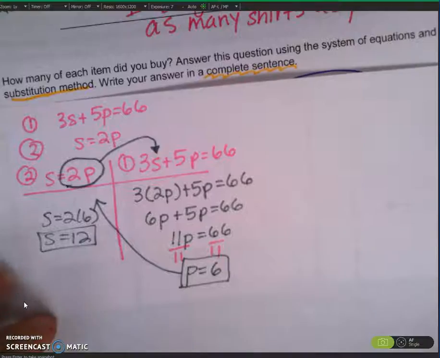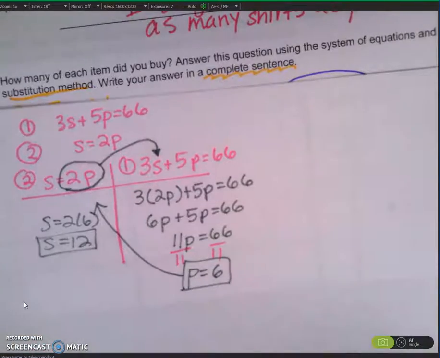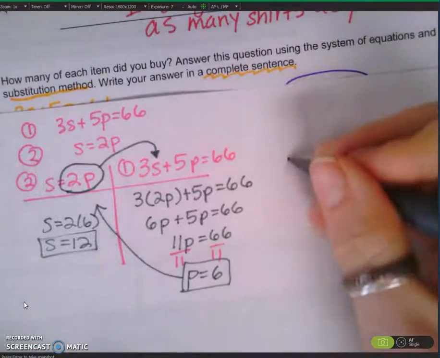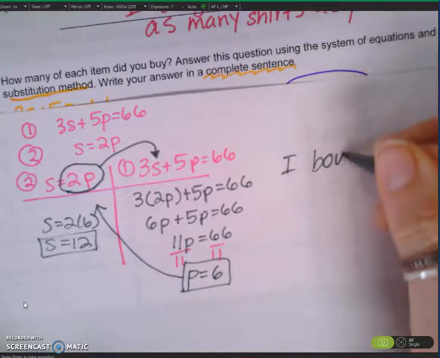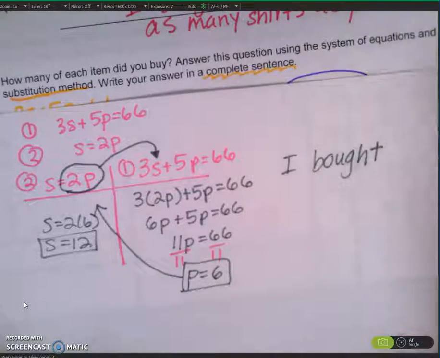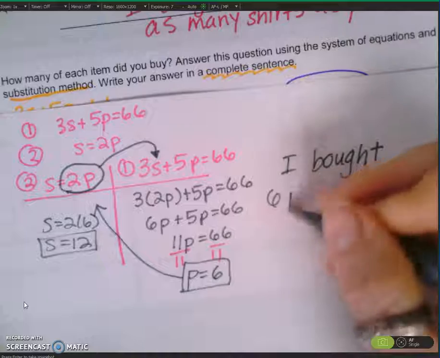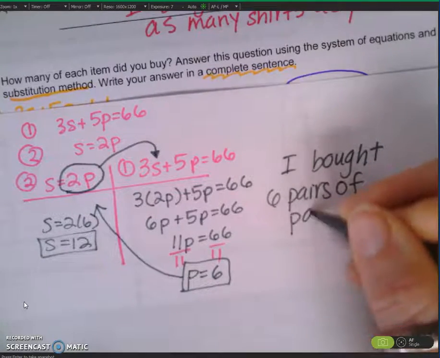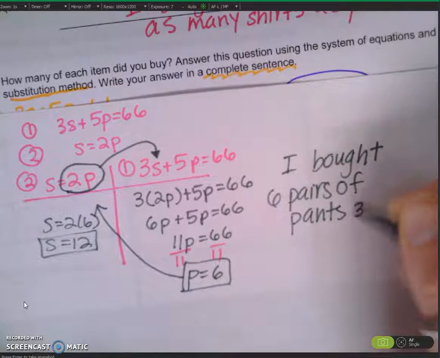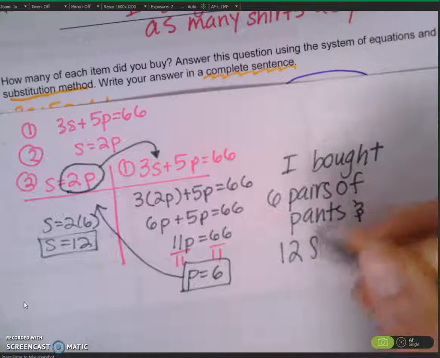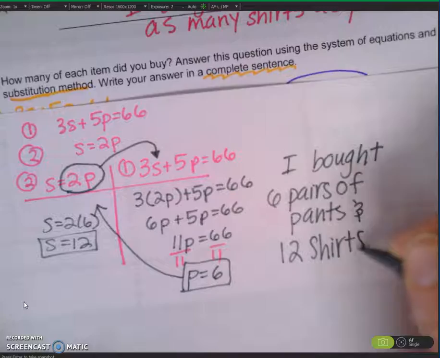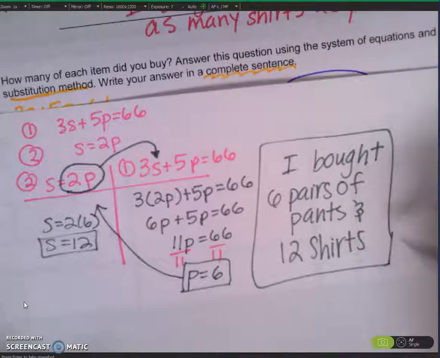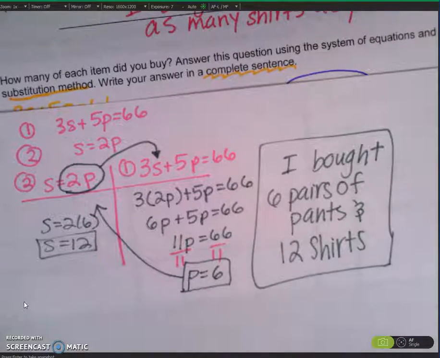So my complete sentence is going to be that I bought 6 pairs of pants and 12 shirts. Awesome. Let's continue on to the next page.